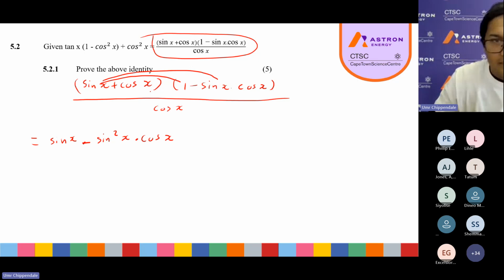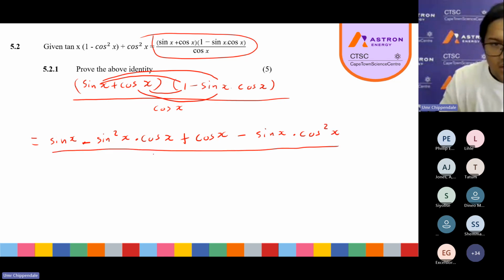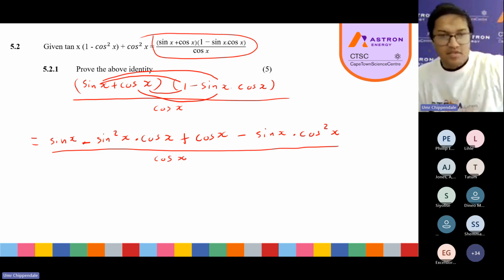And now we do the bottom. So positive times positive is positive cos x. Positive times a negative is a negative sine x times cos squared x, all over cos of x, right? Never forget to always put your all over section.